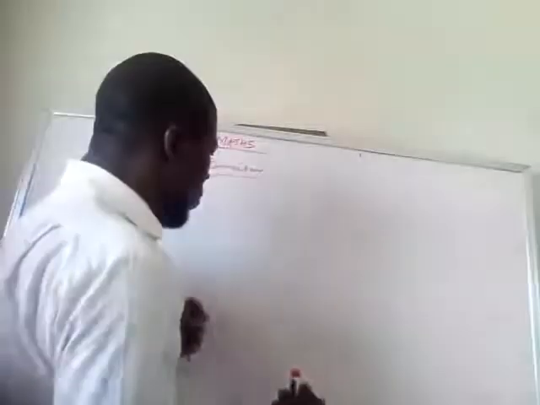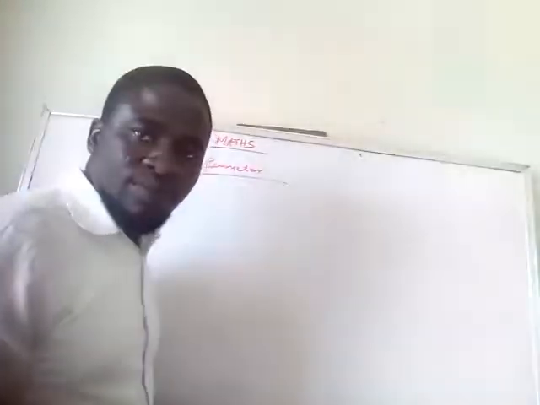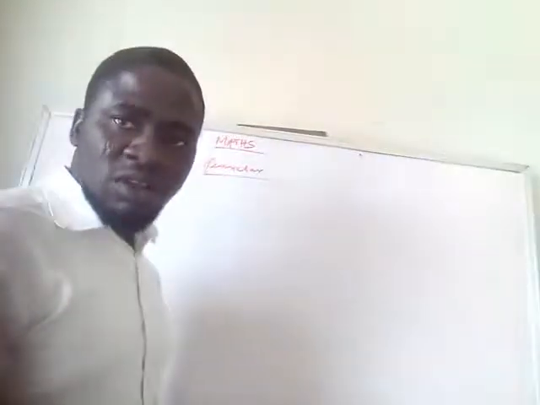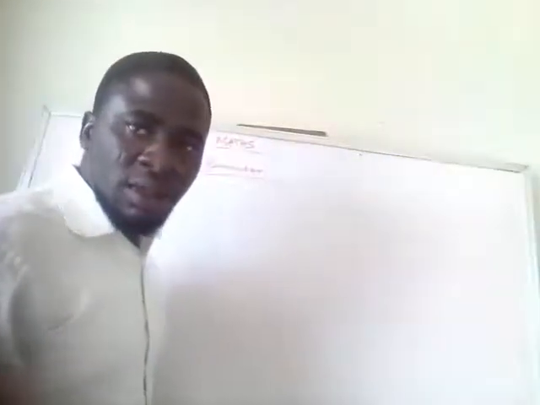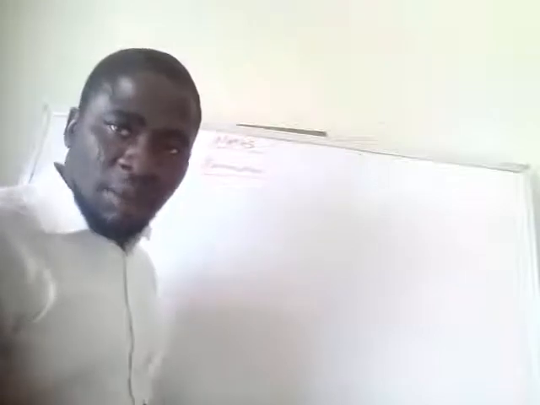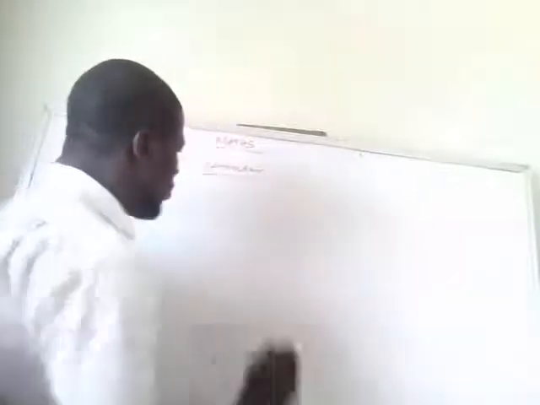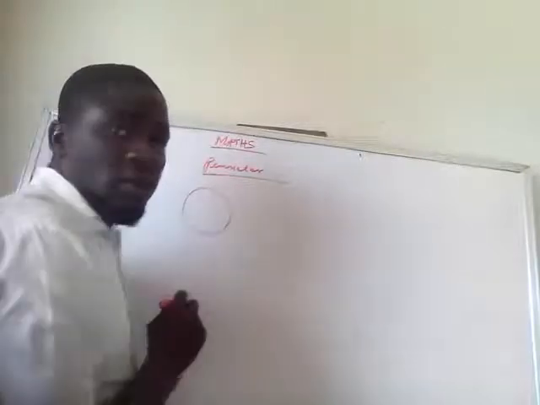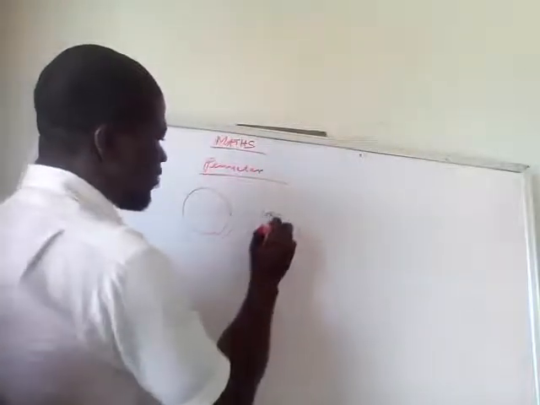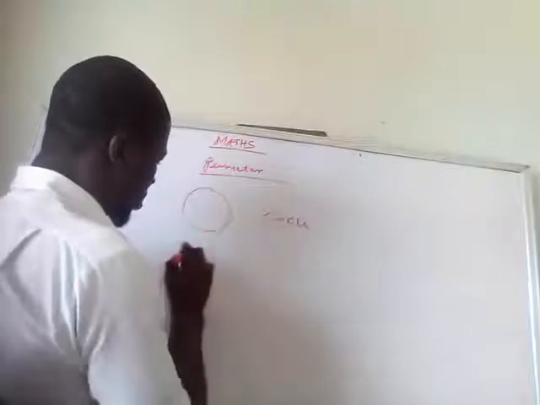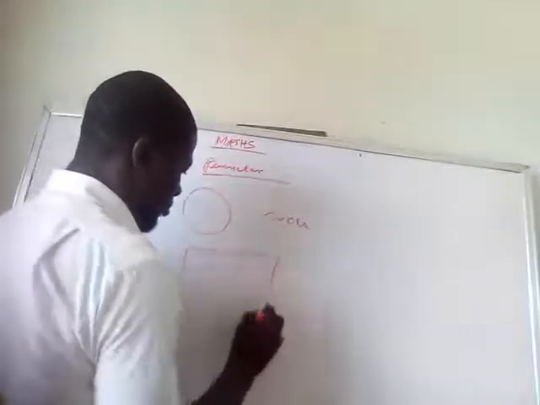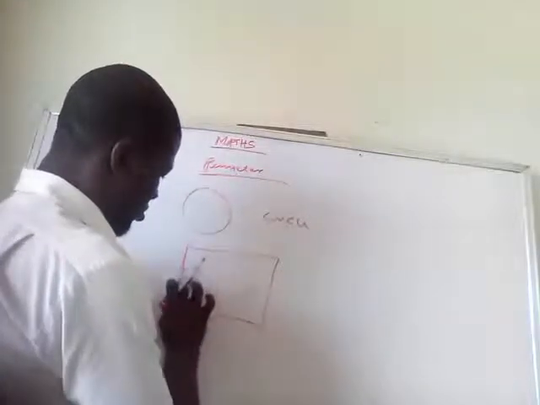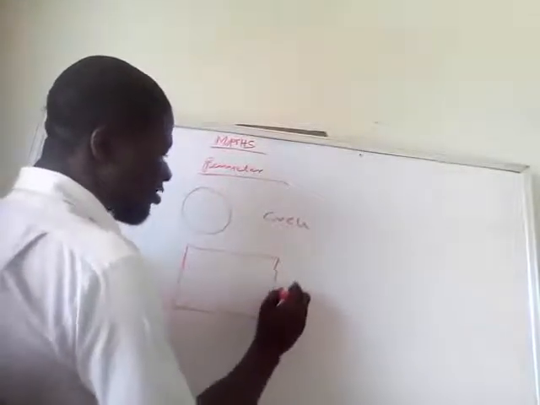Before we solve the examples, let me give you some examples of regular shapes. You have this, it's a circle. This is a rectangle.